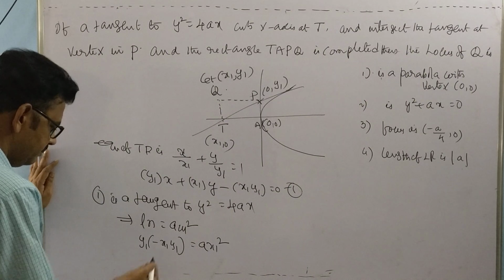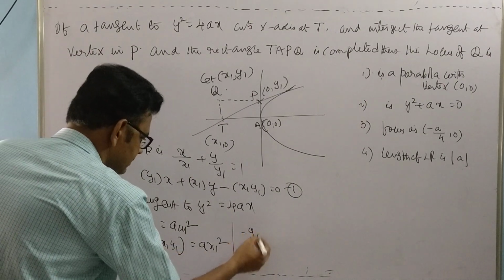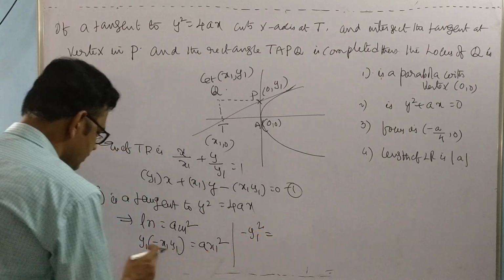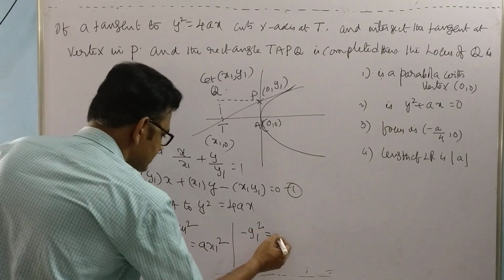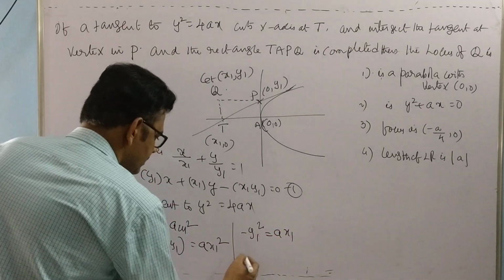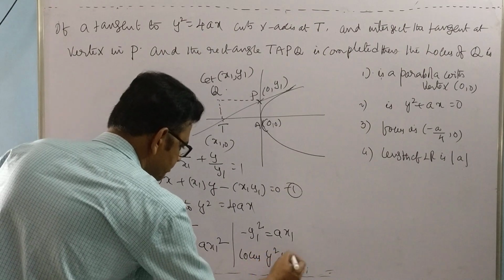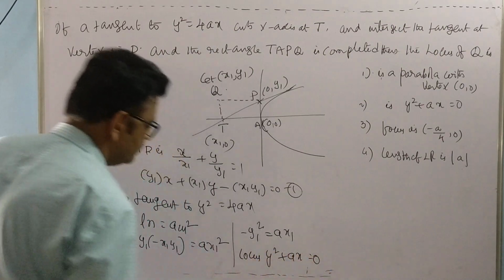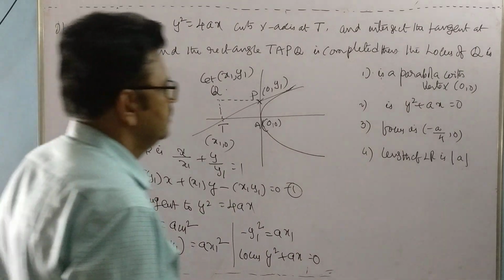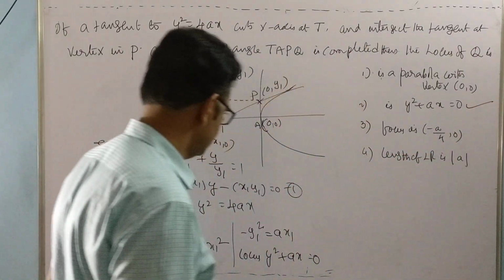So that implies x1 equals minus y1 square, the x1 gets cancelled, so here a x1. Therefore locus is y square plus ax equal to 0. So this is a parabola, y square plus ax equal to 0.